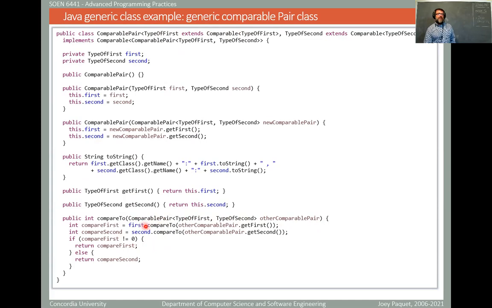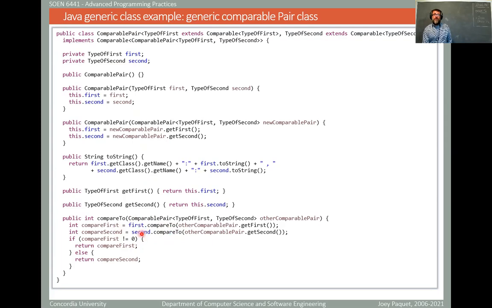Then what I do here is I actually use compareTo between the two first elements of the two pairs and compareTo of the second elements of the two pairs. So what I'm doing here is forcing the type of first and the type of second to implement the Comparable interface. If this code is to work, then first and second must implement the Comparable interface because I'm using the compareTo method.